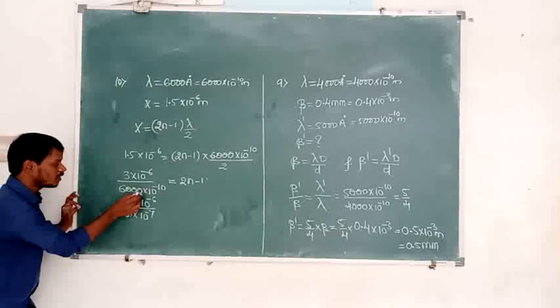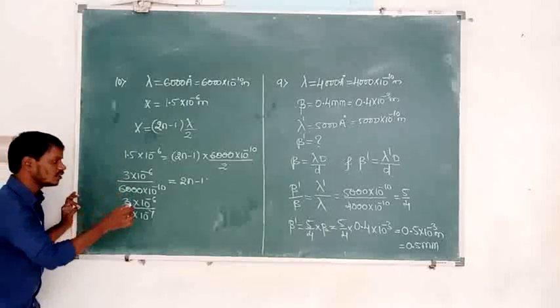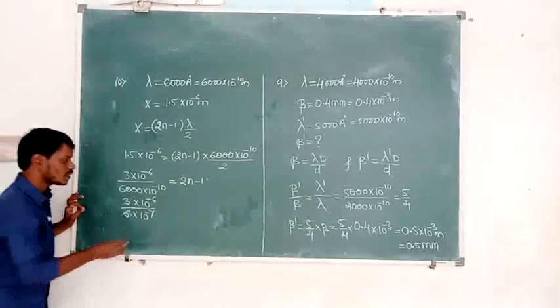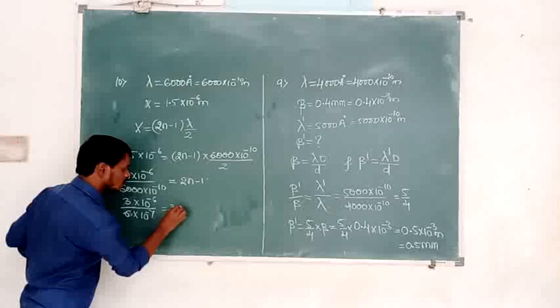Left direction means 10 to the power of plus 3. 10 to the power of plus 3 into 10 to the power of minus 10, that is 10 to the power of minus 7. It is 2n minus 1.